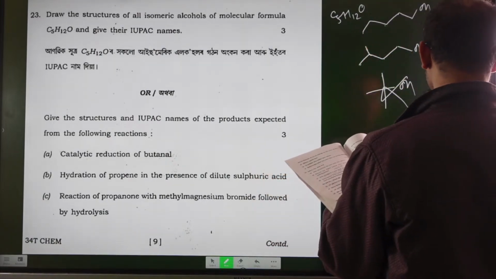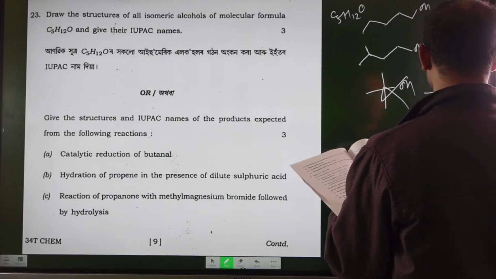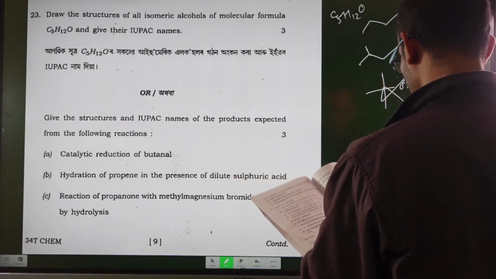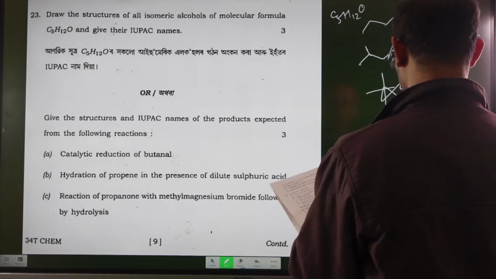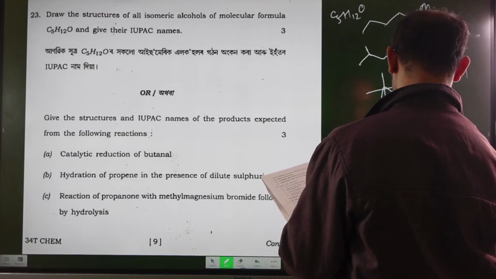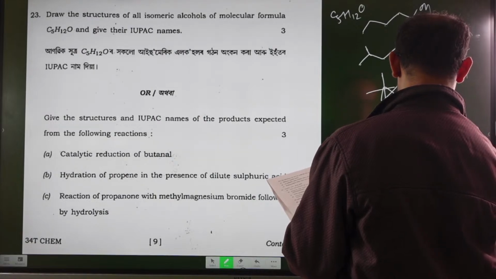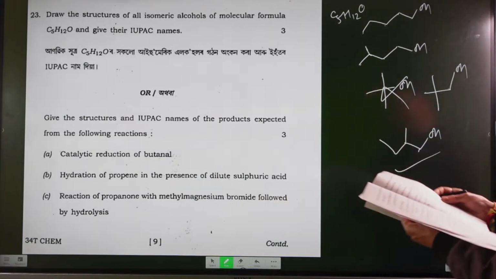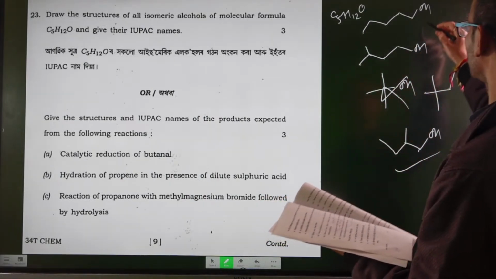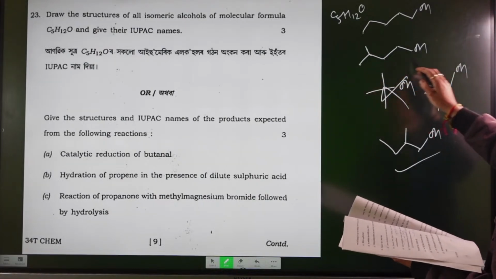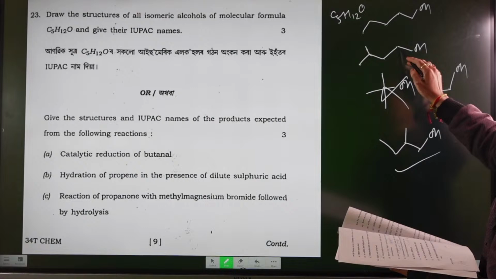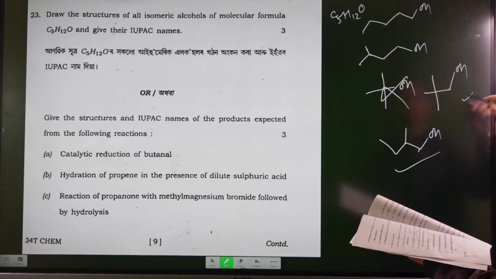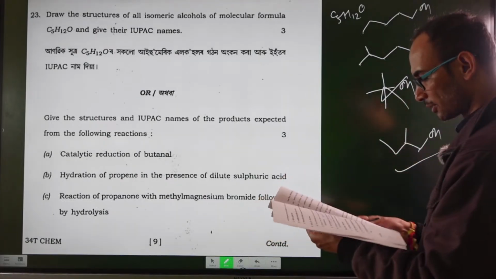So you have to write this, 1 2 3 4 5. This is one alcohol. Okay, so these are the structures you can write, and also you can write this. This is your alcohol. So these are the alcohol structures. From here you can write isobutyl alcohol, 1 2 3 4 5 isopentyl alcohol like that. Then this is neopentyl alcohol, and also its IUPAC nomenclature.